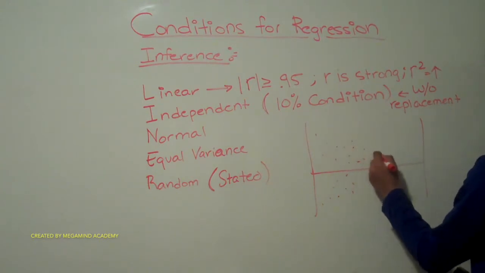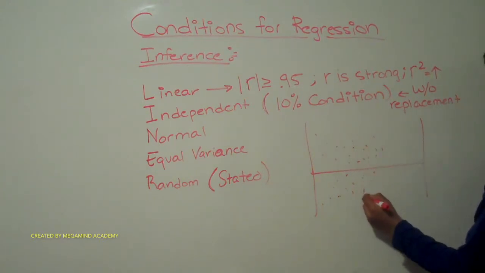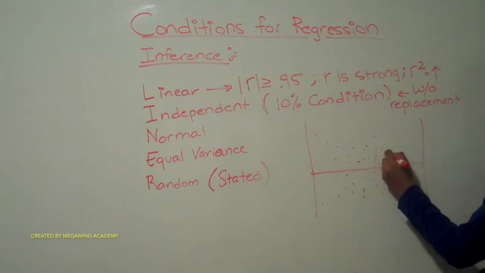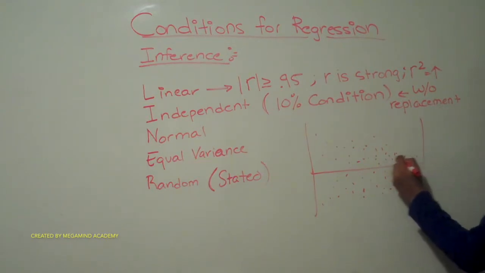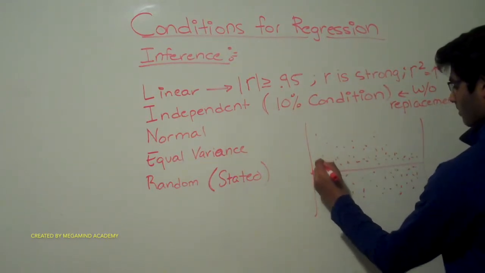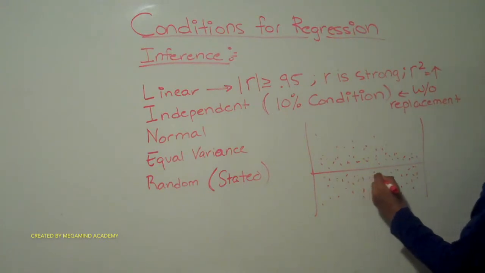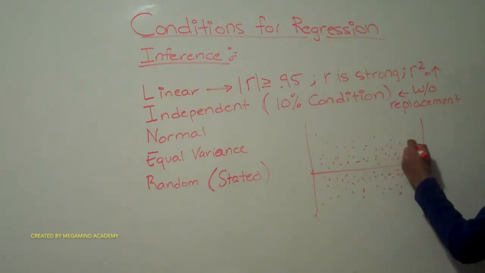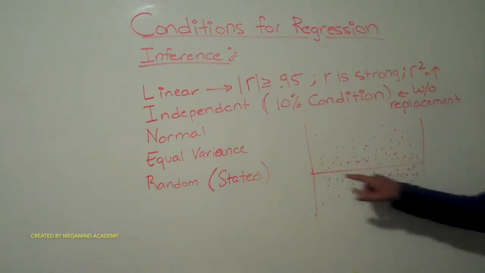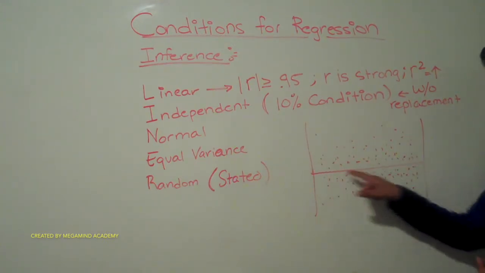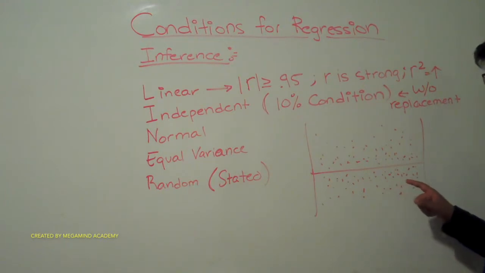I'm doing a very bad job here, but yeah. So essentially, you want more points closer to this central line here, which is 0.